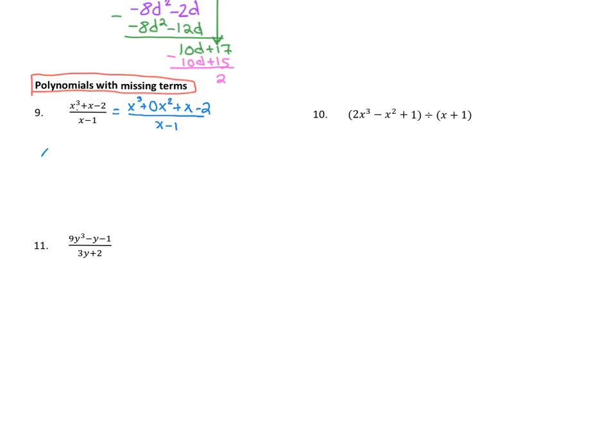So when I go to do long division for this problem, I need to make sure that I put a 0x squared into that part of the polynomial that's missing. So now when I do long division, I'll think about x times what is x cubed, which would be x squared.